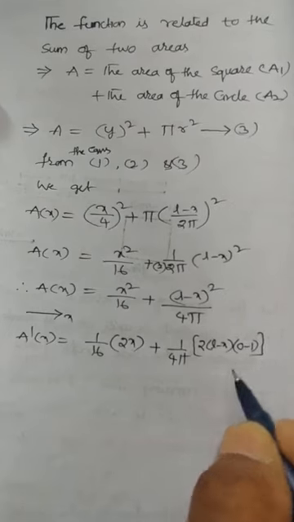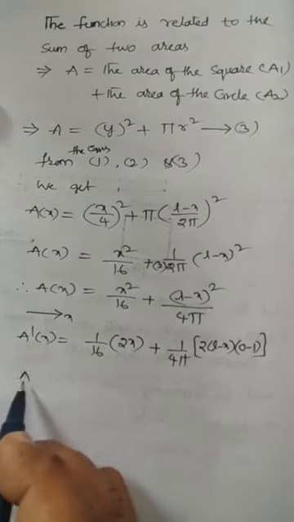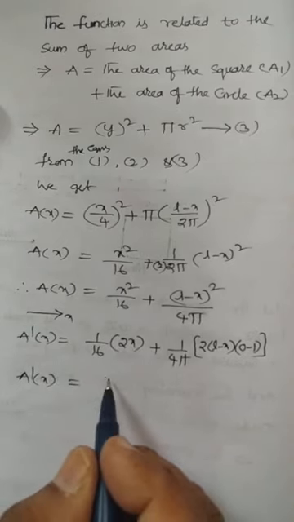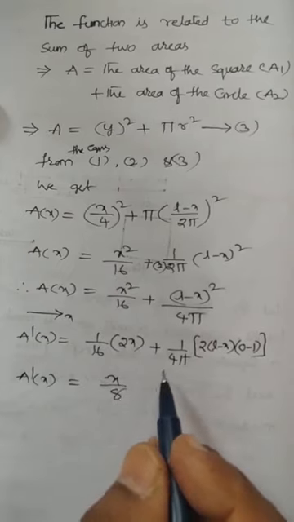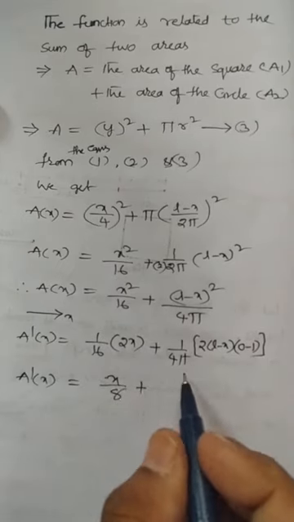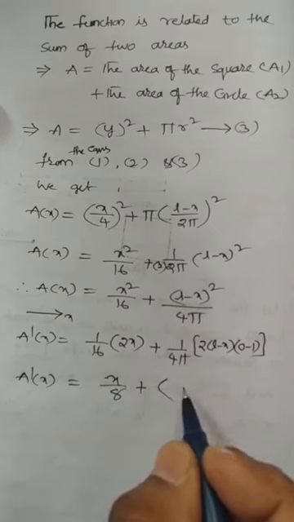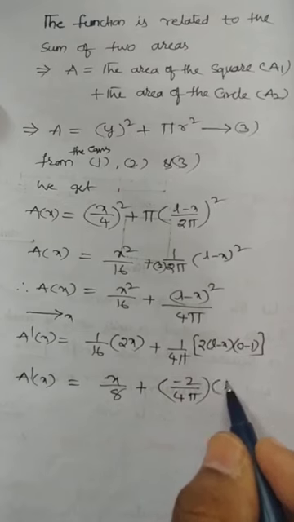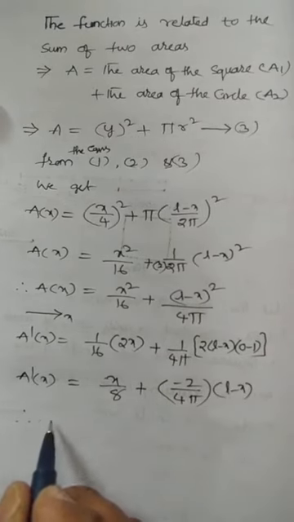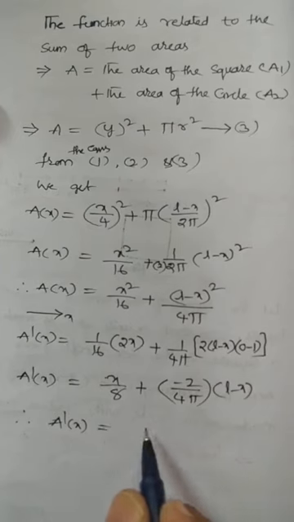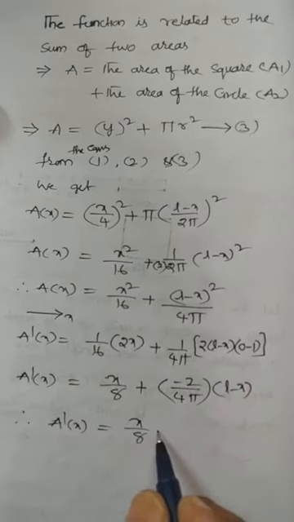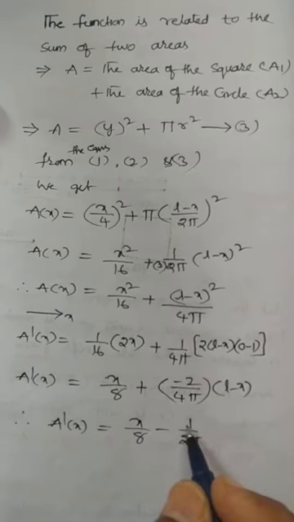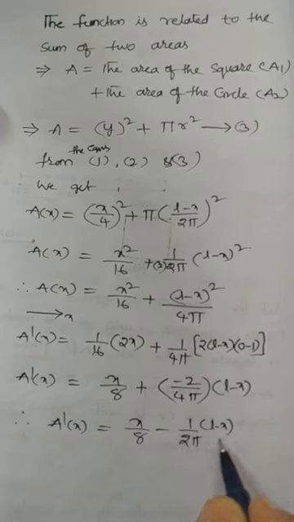So that A dash of x I got here is x by 8 minus 2 by 4 pi into (L minus x). So therefore A dash of x is equal to x by 8 minus 1 by 2 pi into (L minus x). So this is our A dash of x.